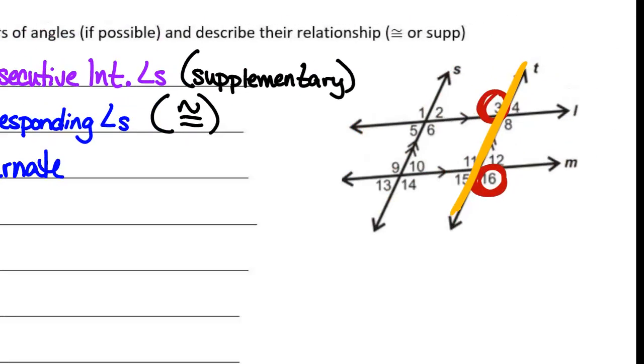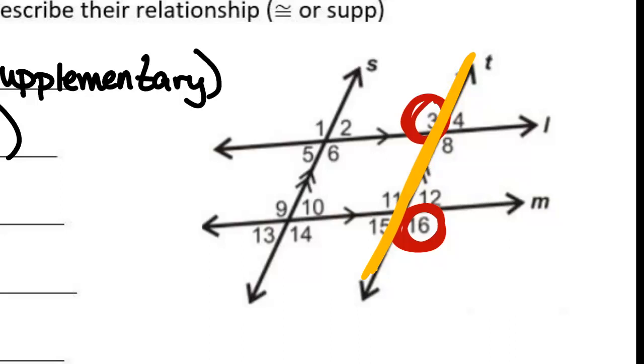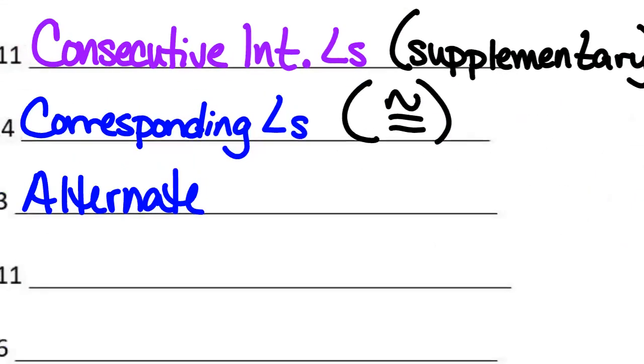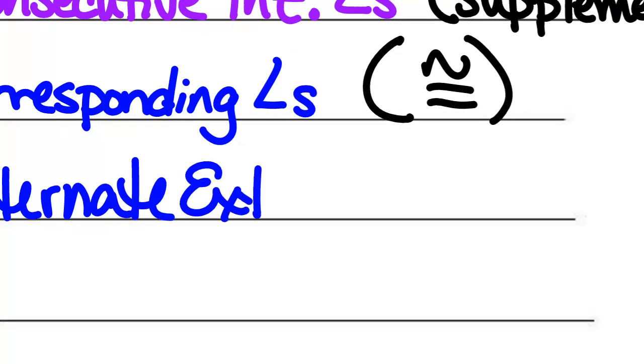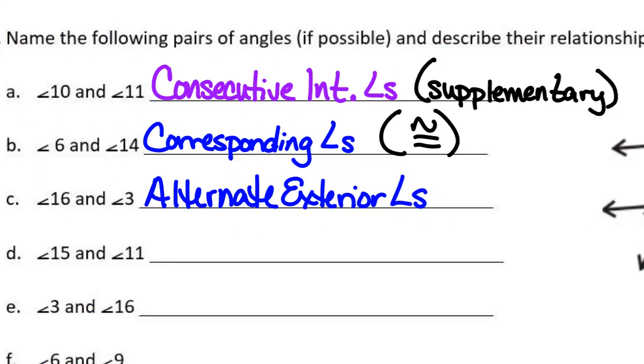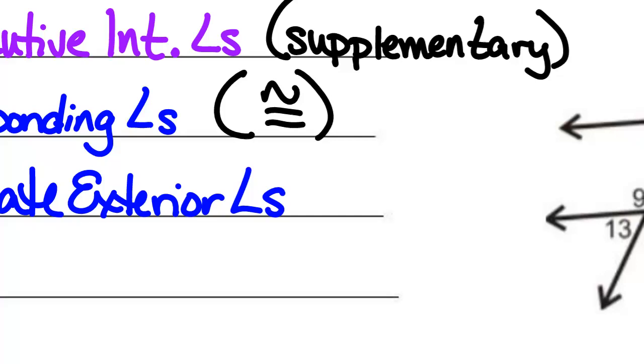What are the two lines that the transversal T is crossing? L and M. So here's L, here's M. Are 3 and 16 in between L and M? No. So would they be interior or exterior? Exterior, alternate exterior angles. Are alternate exterior angles congruent or supplementary? They are congruent.